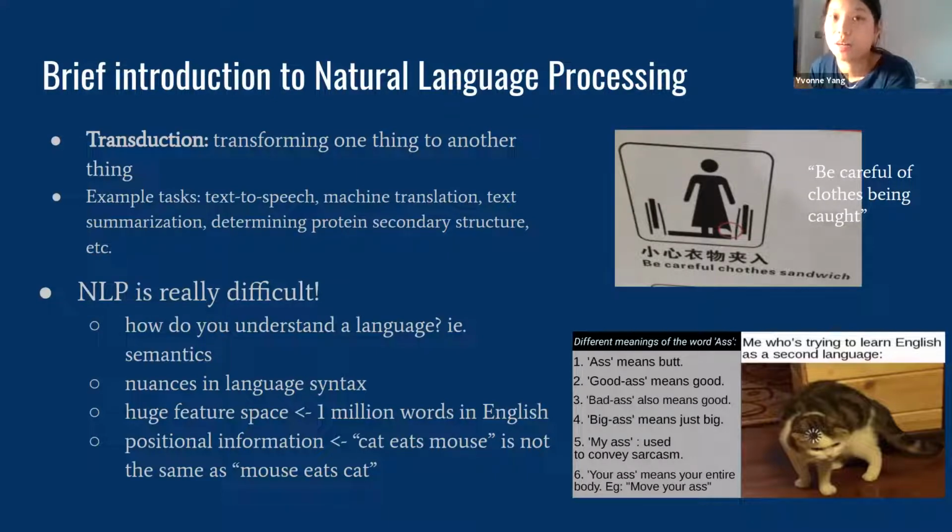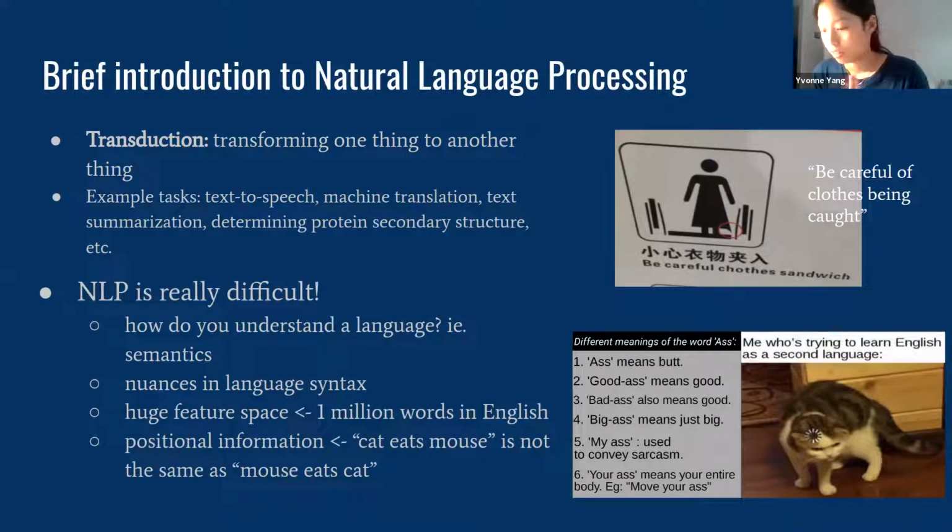That means for every combination of sentence, you have to have a mapping, and that's just way too many. And even just mapping words to words, there's millions of words in a language. So that feature space, as we call it in machine learning, which is the size, the dimension of your input, just becomes really, really big as you map more stuff and more information.